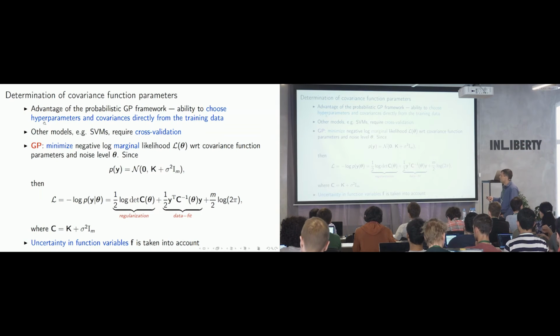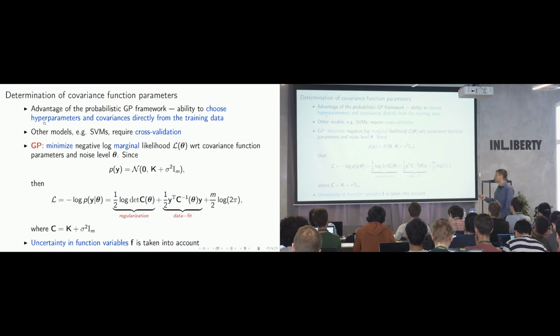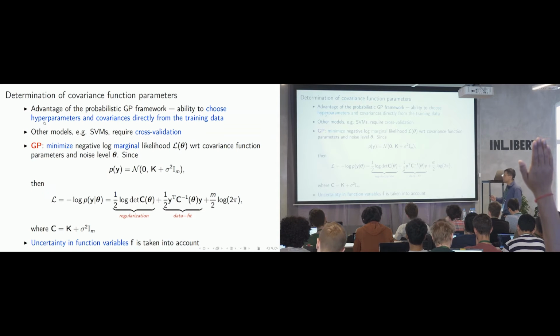So let me remind that the unconditional distribution of the observed output values is Gaussian with zero mean, and covariance matrix equal to the sum of the Gaussian process covariance matrix plus the diagonal covariance matrix of the noise process.